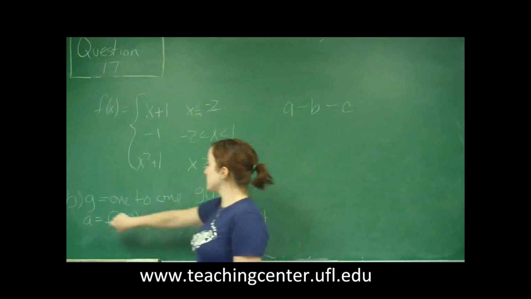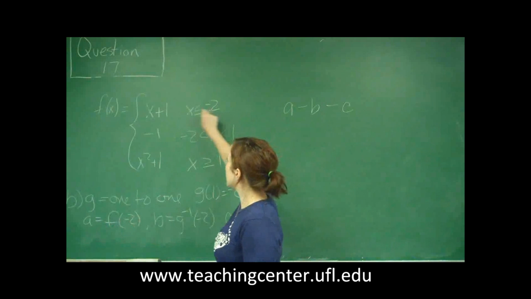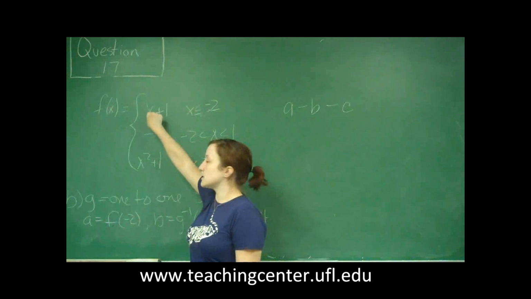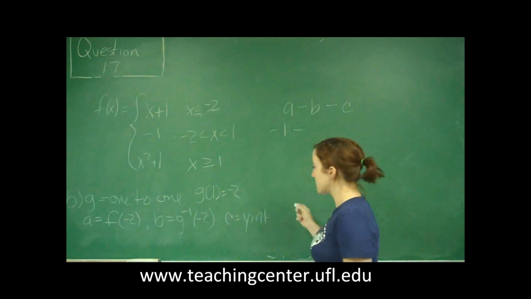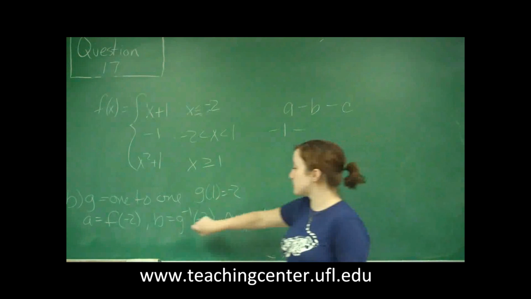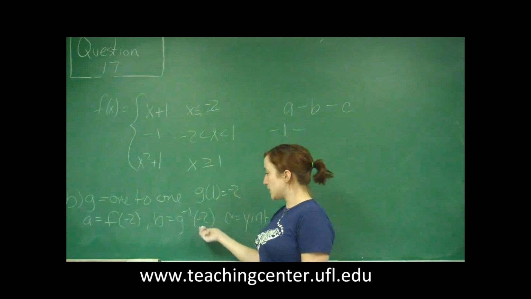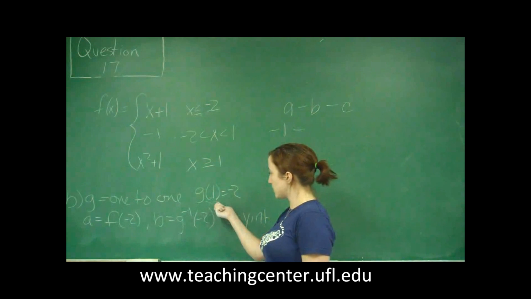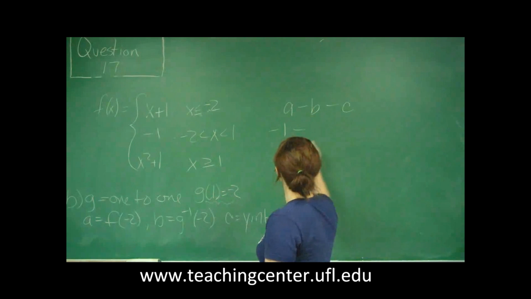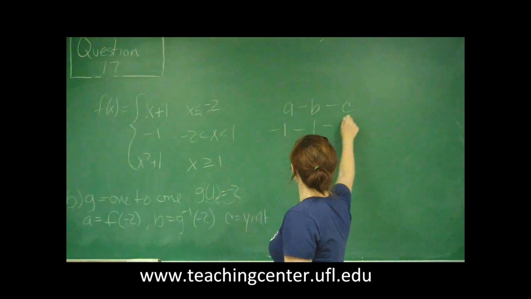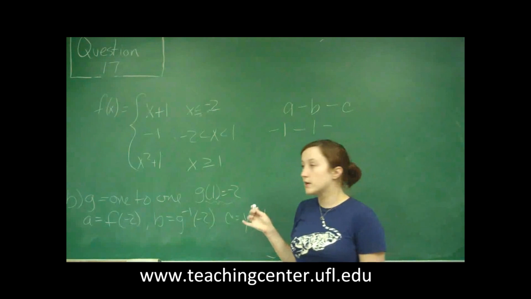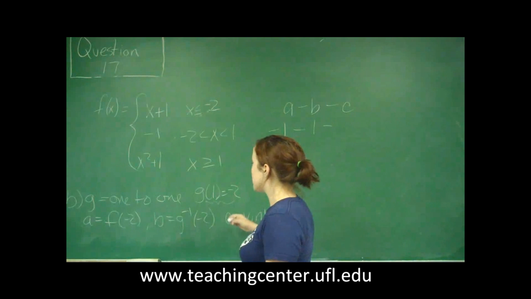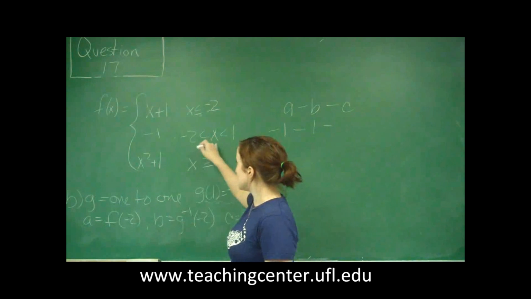So a will be pretty straightforward, f of negative 2. Well, at negative 2, we'll be using this formula. Negative 2 plus 1 is negative 1. Minus b, and then we'll have to look here, because b is equal to the inverse of g of negative 2, and since we know this part right here, negative 2 is equal to 1 in the inverse function, so b is 1, minus c, the y-intercept, and it means the y-intercept in your f of x equation, and that is going to be where x is 0.